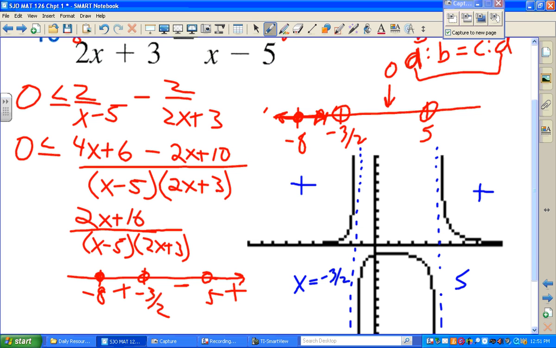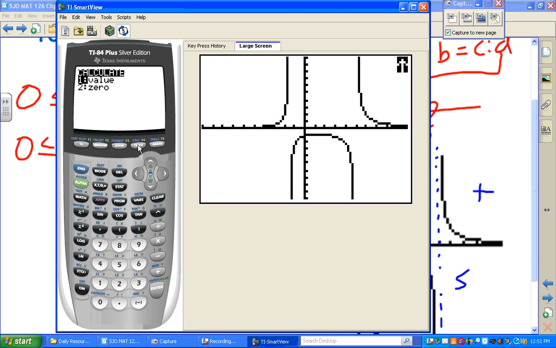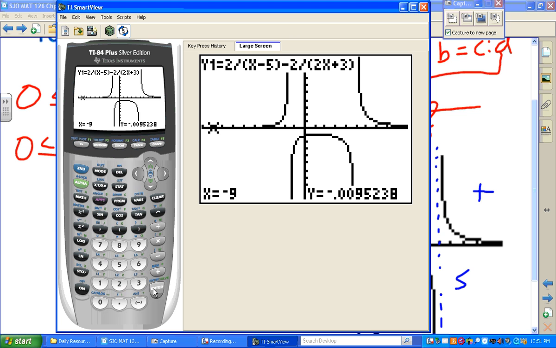How can you tell if -8 is going to work? Yeah, plug in a point. Second, calculate value, -9. What do you think, positive or negative? Right above here, above trace. I think it's going to be negative. Hard to tell, isn't it?